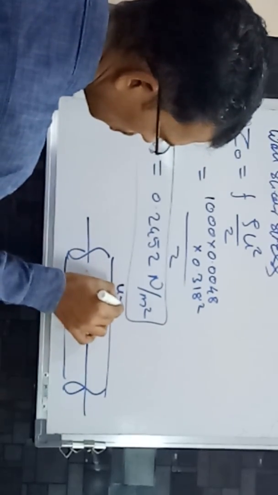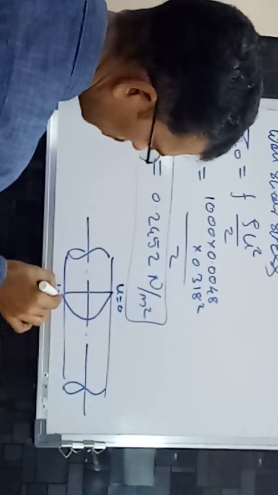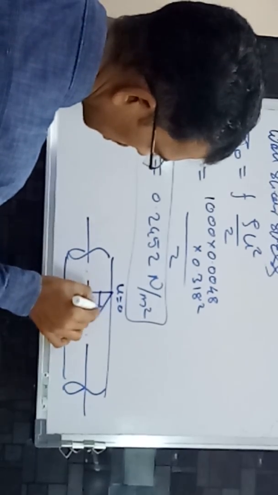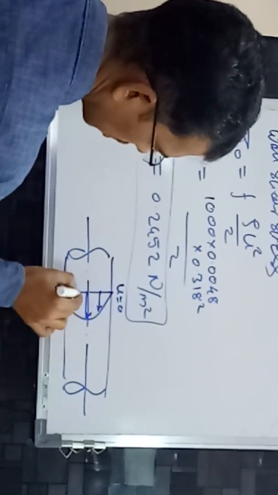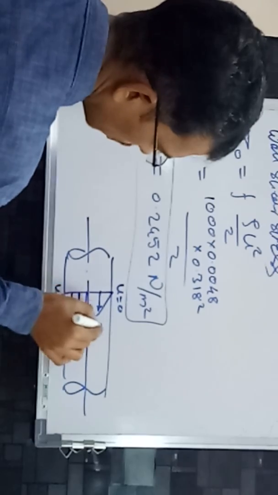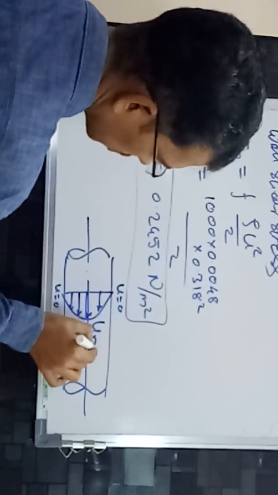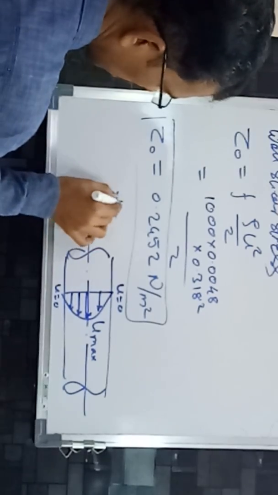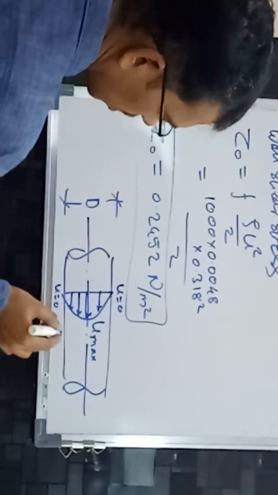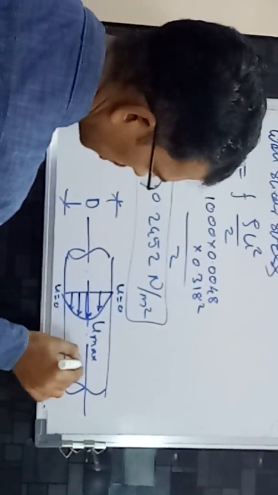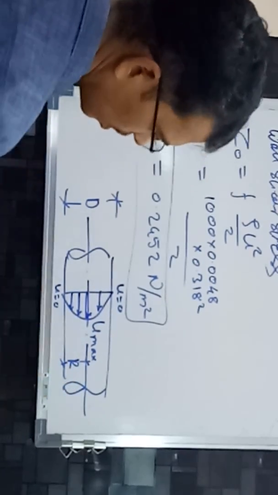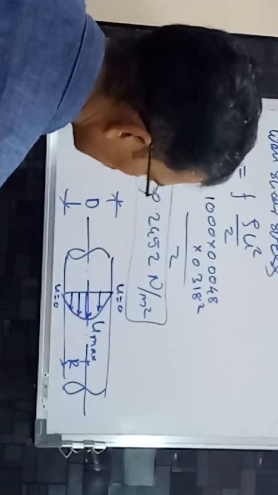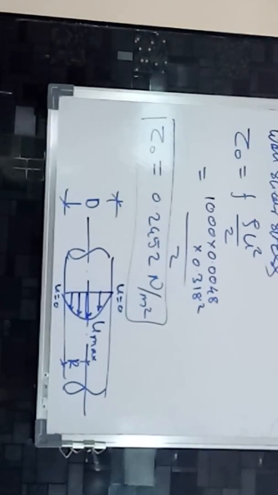Here u equal to 0, here u equal to 0, but here u max. Here the d, it means what? This is capital R, isn't it? Okay. Now you understand?